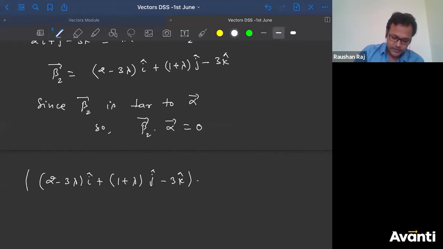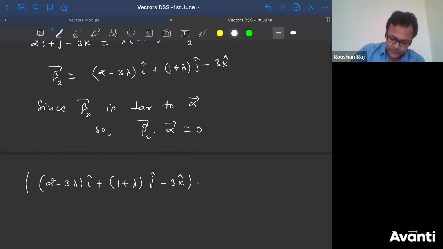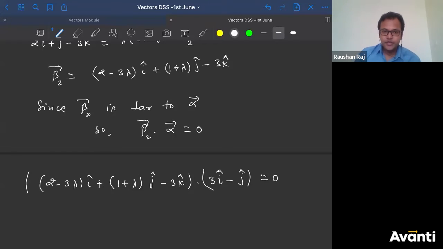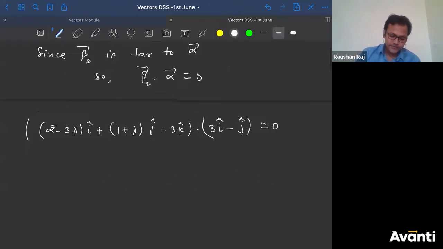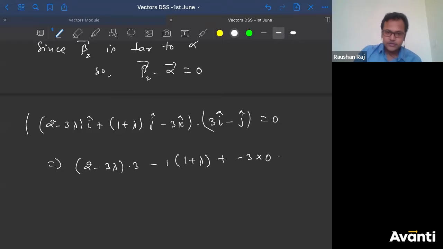Dot, what is alpha vector? Alpha is nothing but 3i cap minus j cap. So this dot product should be 0. You know how to find dot product, right? So let us find the dot product. If I multiply, 2 minus 3 lambda into 3, minus 1 into 1 plus lambda, plus minus 3 into 0 is equal to 0.